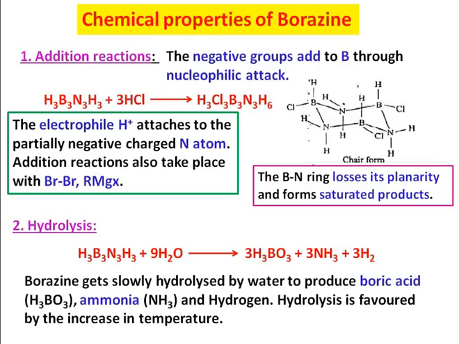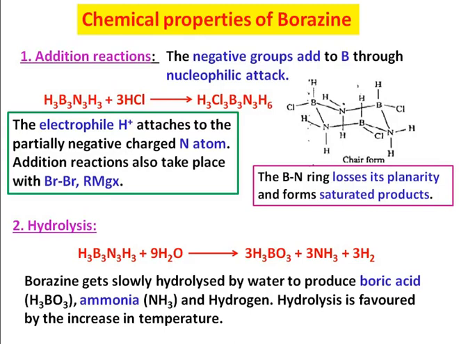So if HCl reacts with Borazine, then H+, the electrophile, attaches to the nitrogen atom and Cl-, the negative part, attaches to the boron atom. And after the addition reaction, all the boron and nitrogen atoms are sp3 hybridized. So the BN ring loses its planarity and forms a saturated product.